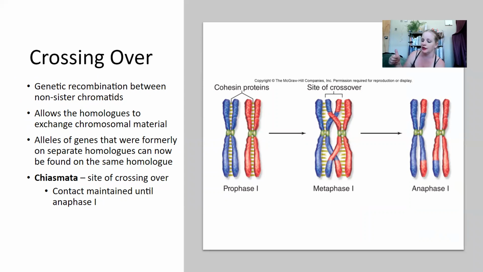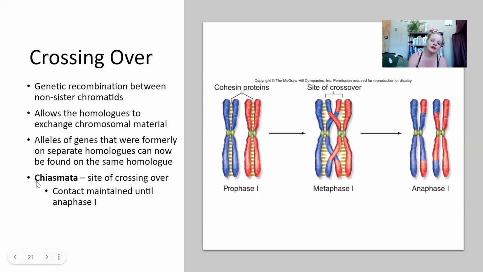I'm going to ask you later, what are the two sources of genetic variation? Well, here's number one, crossing over. This is exchanging parts of the chromosome with the other homologous chromosome, so we're switching our genetic material. Alleles that you got from your mom might actually end up on your dad's chromosome and vice versa.